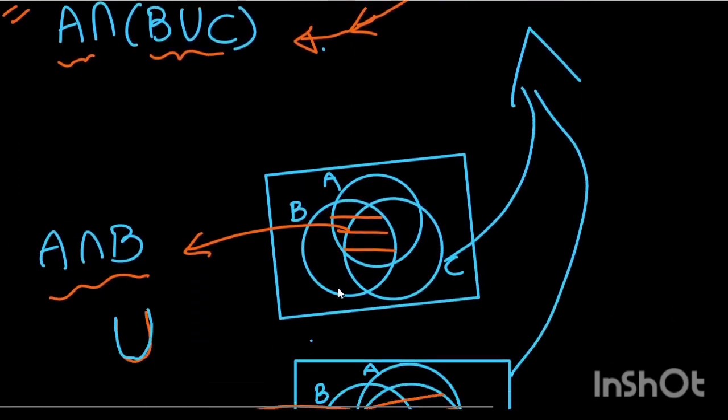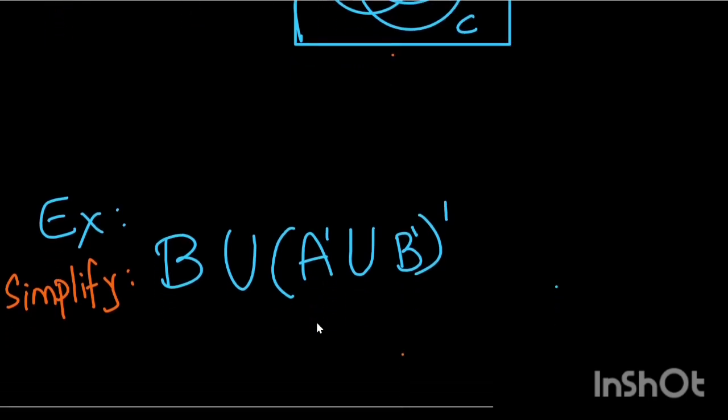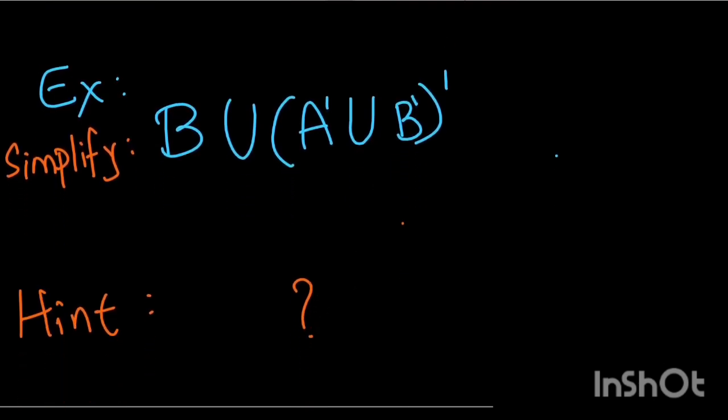Okay, now let's see some examples. Let's simplify B union (A' union B')'. How will we simplify this, guys? Simplify means convert it into the lowest terms in A or B or both. So how will we approach this? What is the hint to this problem?